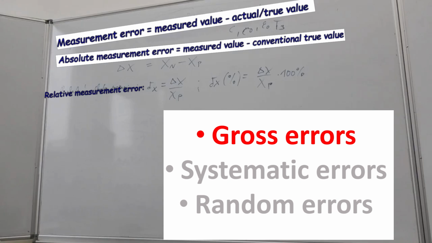So, such gross errors are most often noticed when you have several repeated measurements and one value suddenly differs significantly from the others. In that case, you don't consider it. You cross it out and don't take it into account. But you should avoid that because then you have one measurement less.